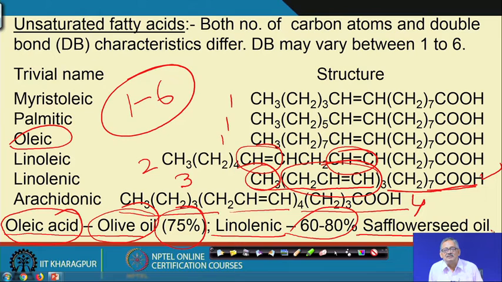Nowadays people have started using olive oil as a cooking oil. Many people who can afford it use it, though olive oil is much costlier than normal vegetable oils.